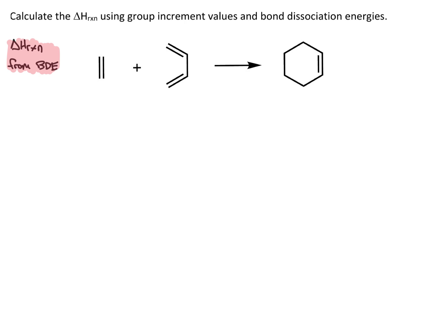So let's start. If we look in our reactants, we have 3 carbon-carbon pi bonds. So we have this pi bond, this pi bond, and this pi bond.